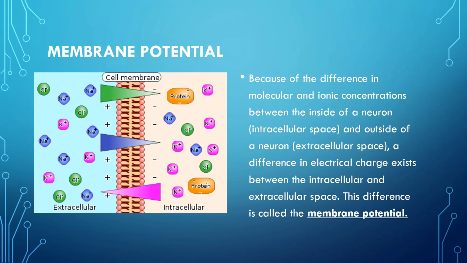So what happens is that because we have higher concentrations of some of these molecules and ions, either inside or outside of the cell, then this creates an electrical charge or a difference in electrical charge between the inside and the outside of the cell. And we call this difference that's sitting here waiting all the time a membrane potential or a membrane potential difference. Either one is fine.